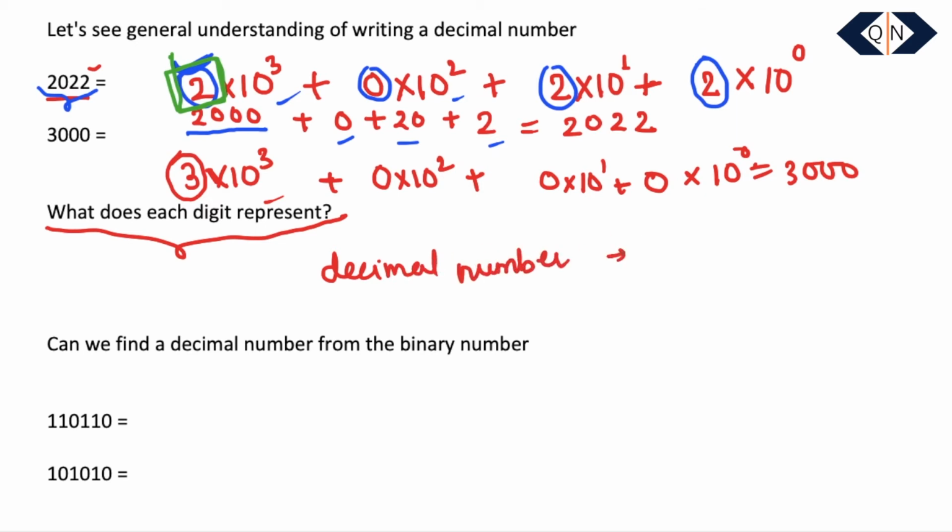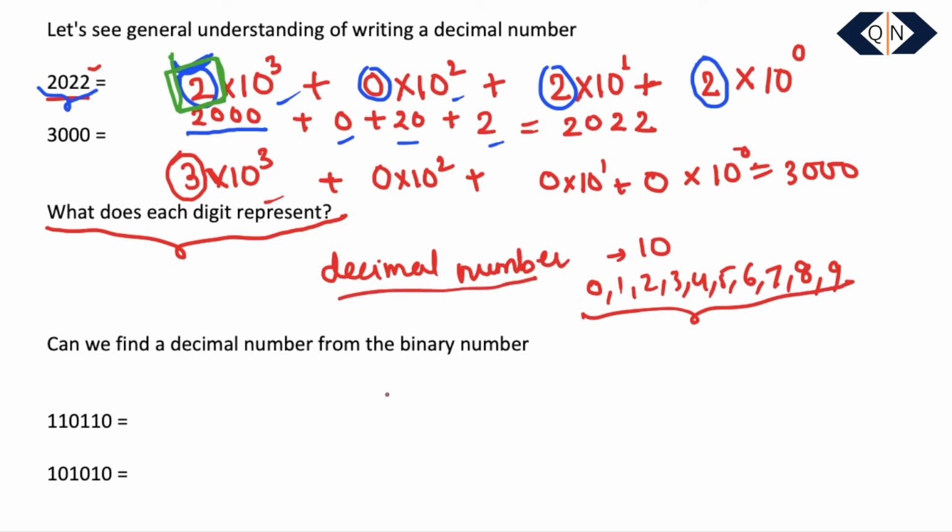Decimal number means 10 digits: 0, 1, 2, 3, 4, 5, 6, 7, 8 and 9. From here 1, 2, 3, 4, 5, 6, 7, 8, 9, 10. 10 digits are there, so 10 decimal numbers.